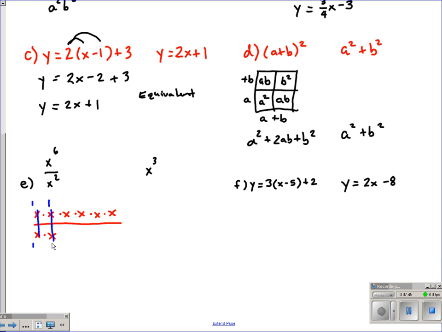This would be like 1 and 1 here. 1 times x times x times x times x is going to give us x to the 4th. 1 times 1 is just going to give us 1. So we end up with x to the 4th over 1. Well, if we compare that to x to the 3rd, is that the exact same thing? No, it's not. So it's safe to say here that these ones are not equivalent.